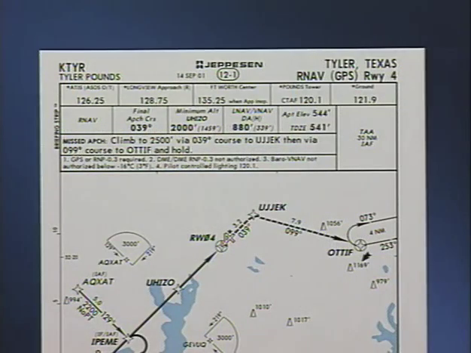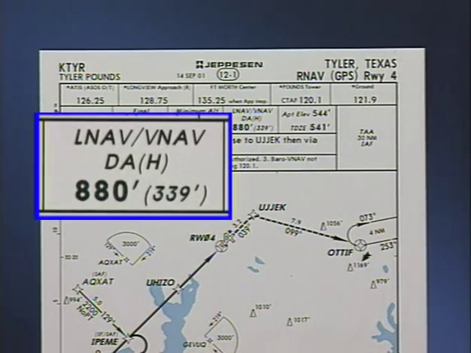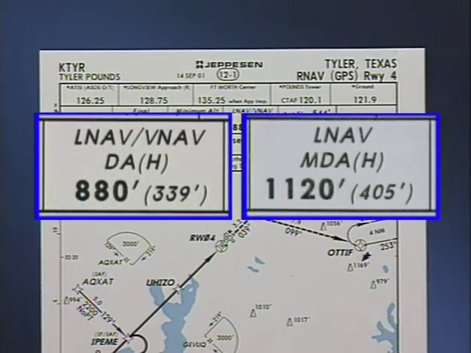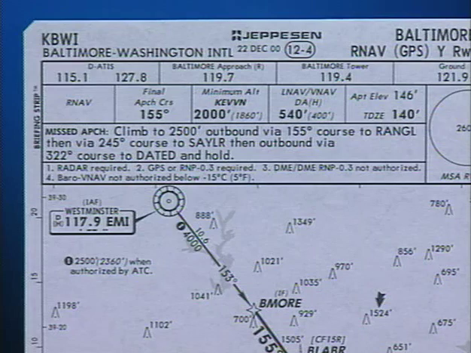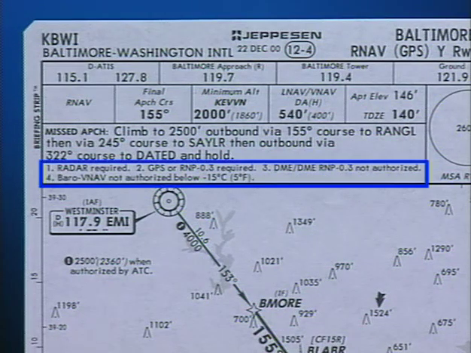Another change in the heading section is the way decision altitudes are portrayed. The lowest decision altitude or minimum descent altitude is still given. However, it is referred to as the LNAV VNAV DA (H) or the LNAV MDA (H). New notes will also show up on RNAV charts in the heading portion of the chart.